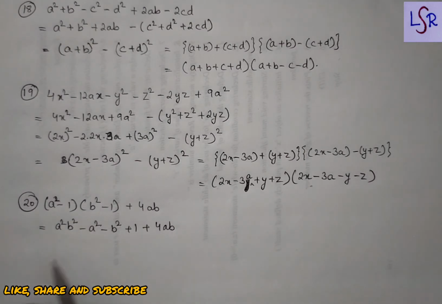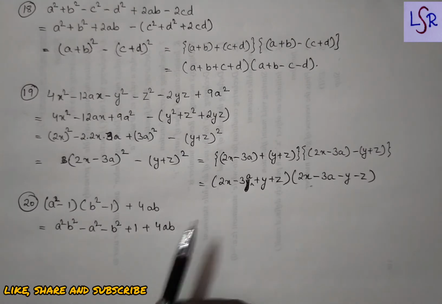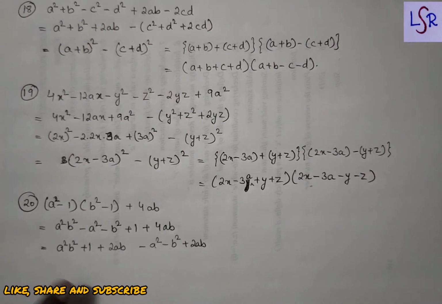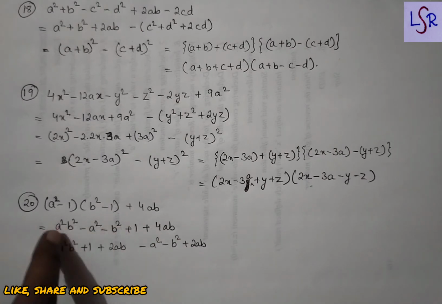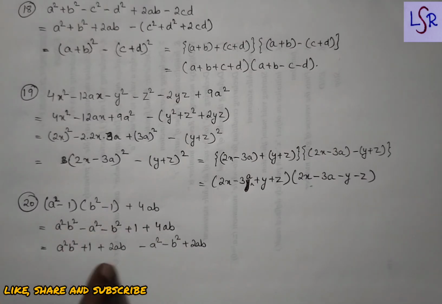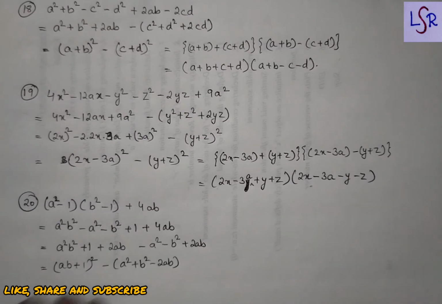Now to solve it, we are going to split this 4ab into two parts, that is 2ab and 2ab, and here I have written one 2ab with this and the other 2ab with this one. Now we can see that this is in the form of a square plus b square plus 2ab, and here on taking minus common, we have got this by taking a minus common, and this is again the square form, and we finally get this.